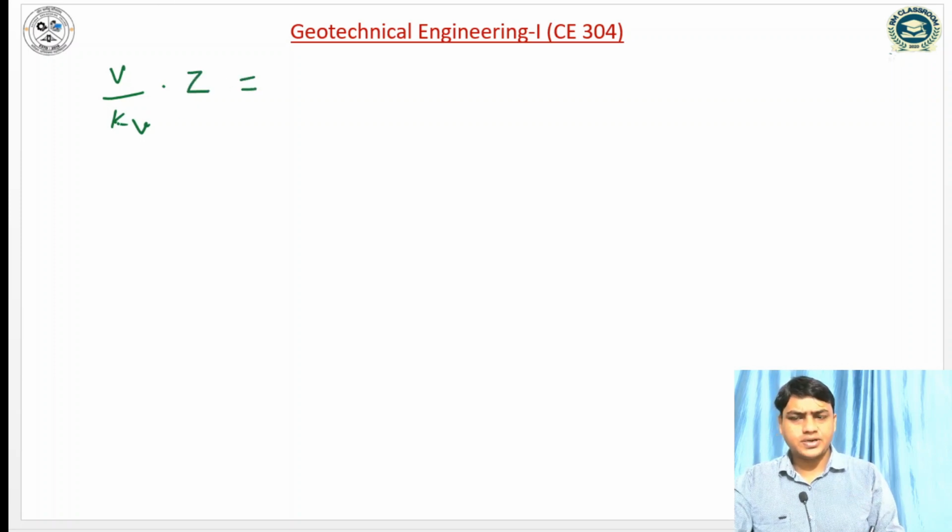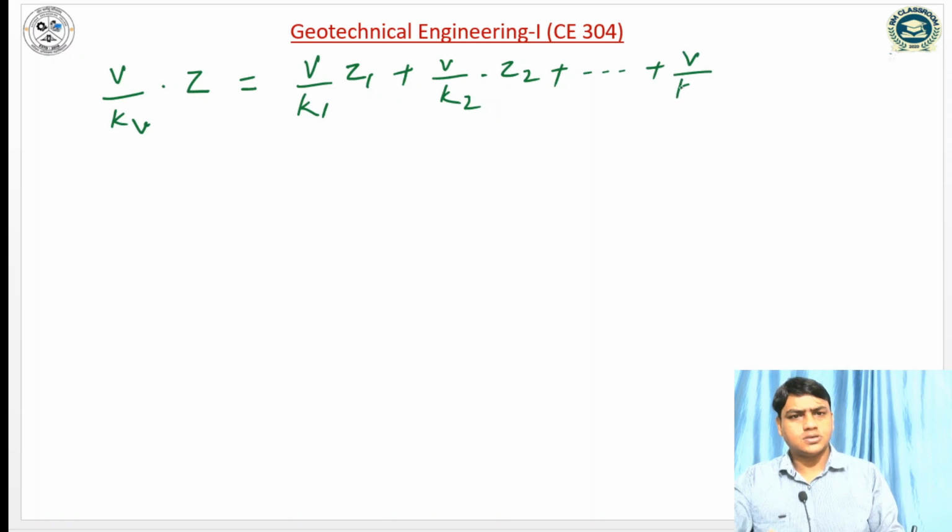And I told you that in the vertical direction the flow, or velocity of flow, will be the same. So it will be V1 by K1 into Z1 plus V by K2 into Z2 plus so on and so forth V by Kn into Zn. So if I take V common, V cancels.